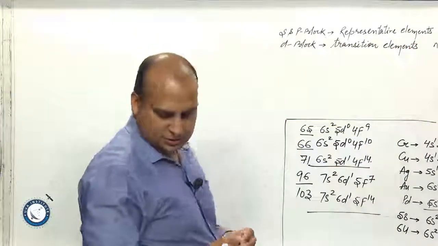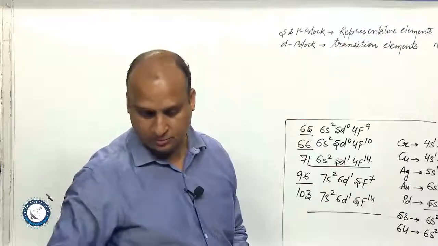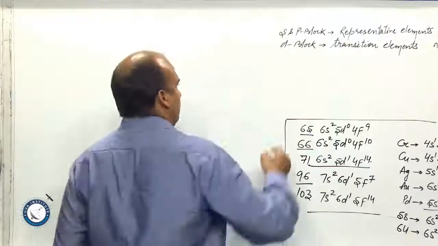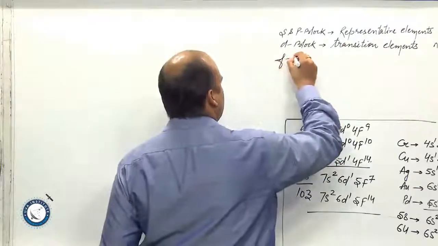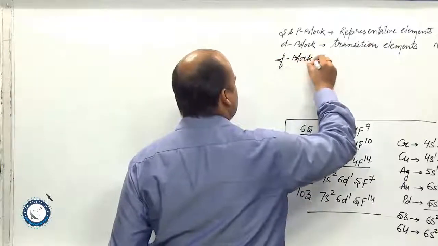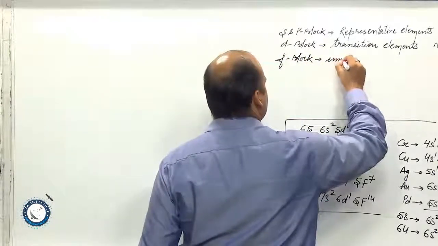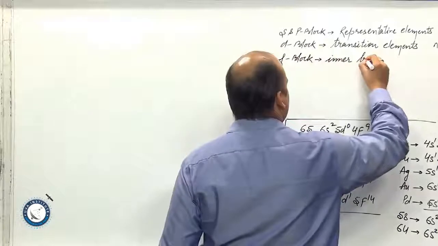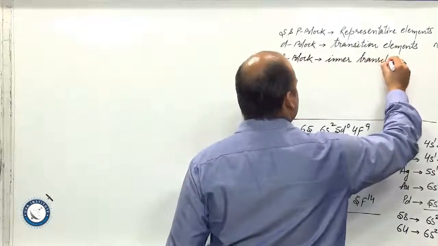D block is transition elements. F block is inner transition elements.